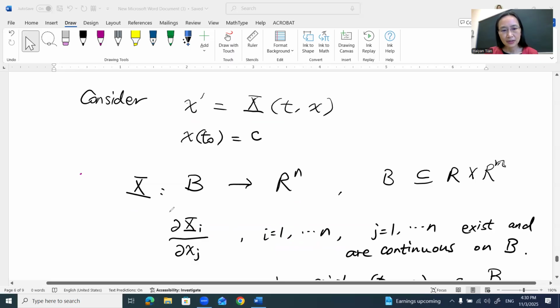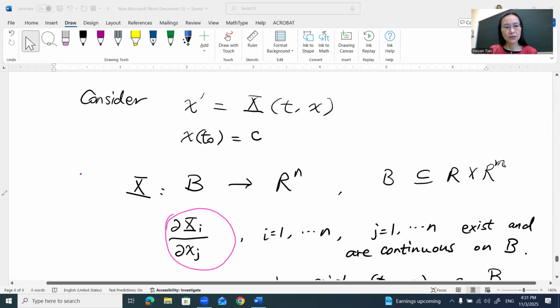Xi means the ith component of the vector field, and each component depends on x. For each component, we take the partial derivative with respect to the jth component of x. So the total number of partial derivatives will be n squared, because the range for i is from 1 to n and the range for j is from 1 to n.